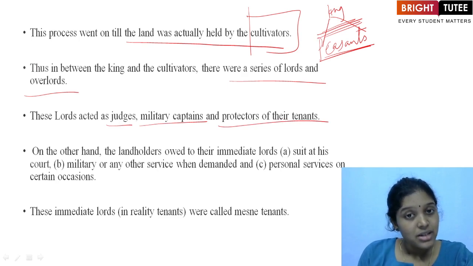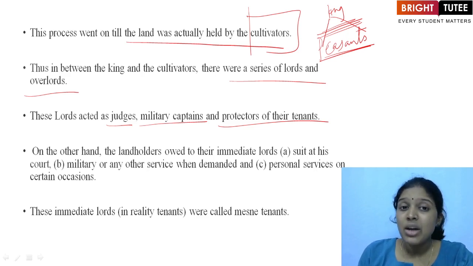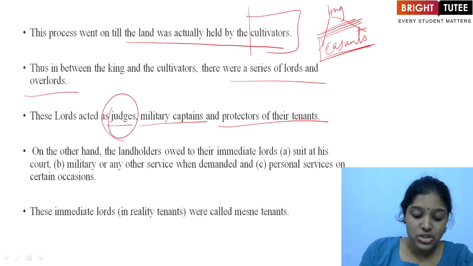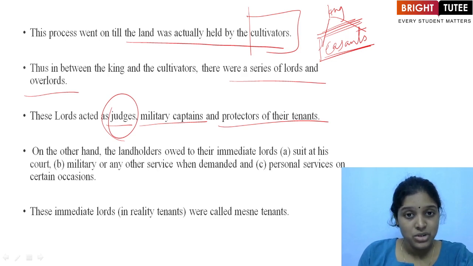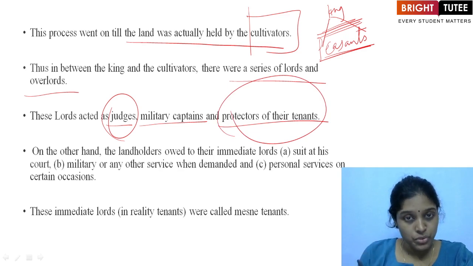So, in return for the services which the tenants were providing, the lords gave them protection, and they also acted as judges. Many times they decided on matters related to their tenants. And as the military captain, he was the head of the military group and gave them protection also.